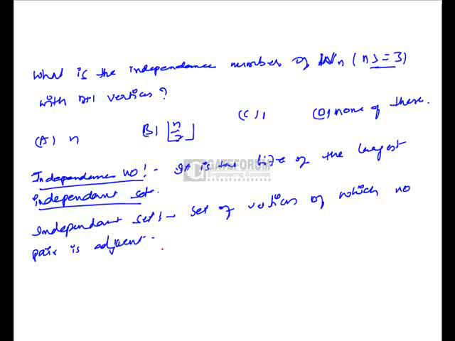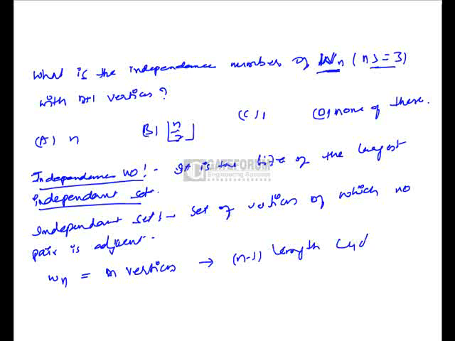Here one more thing is also there. Here wheel graph is denoted by Wn, and it contains n plus 1 vertices. There are two notations. Different authors follow different notations for representing wheel graph. Some authors use Wn for a wheel graph with n vertices, in which the cycle will be of length n minus 1.